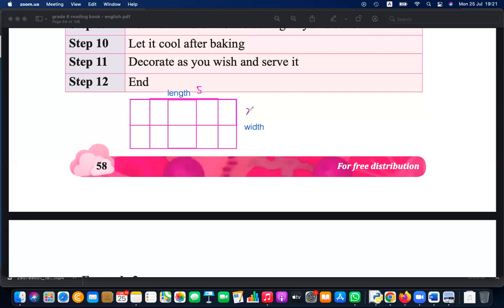You can add them together, 1, 2, 3, 4, 5, 6, 7, 8, 9, 10. But another way, you can multiply the length side by the width side. Length side is 5, width side is 2, 5 by 2 is 10. Then you need 10 tiles to cover this area.